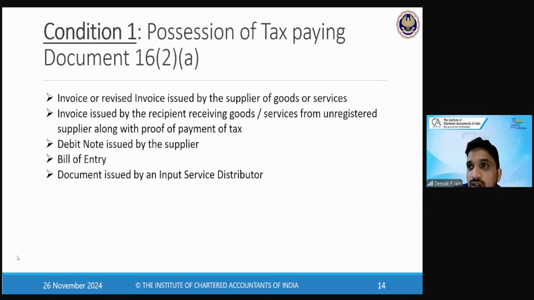From here, you will calculate the turnover of each state and distribute the credit to the respective states. That is the job of an input service distributor. As the name suggests, he distributes the GST to your respective states. So that is the ISD credit, where the ISD gives you the credit for the common services. That is also one of the documents.